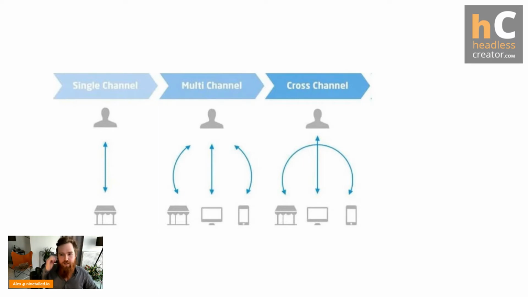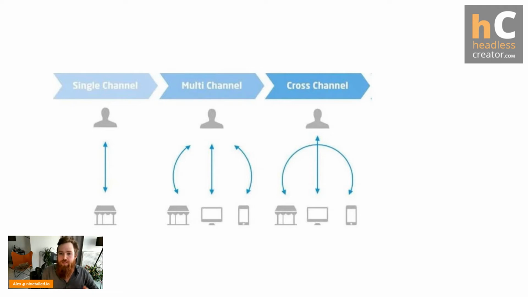As you can see in this image, the phone and the store are connected. That means, for example, today I'm buying something on my phone, and when I go tomorrow to the store, somebody there hands me the book which I bought yesterday. So we have this touch point between two channels, an offline channel and an online channel.